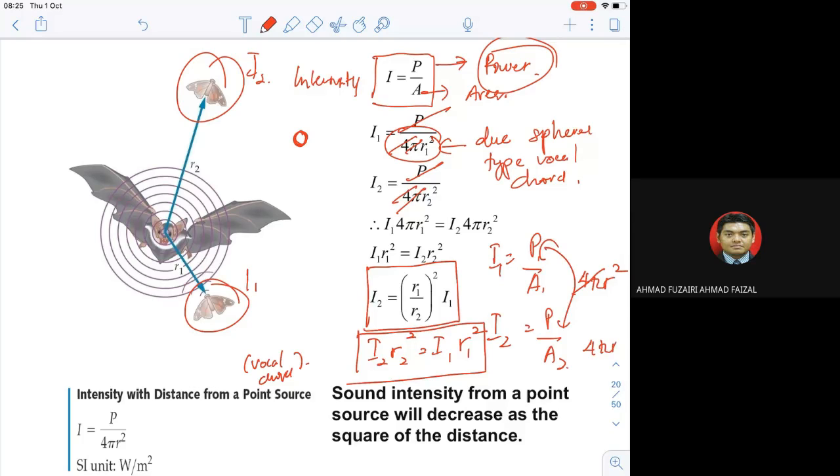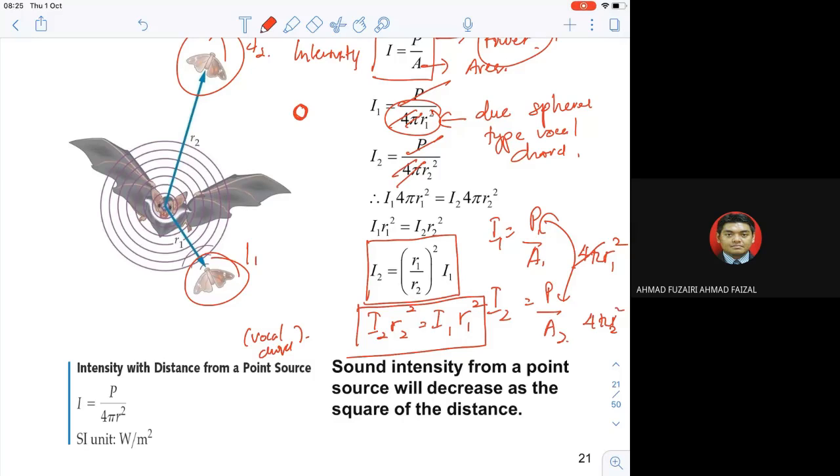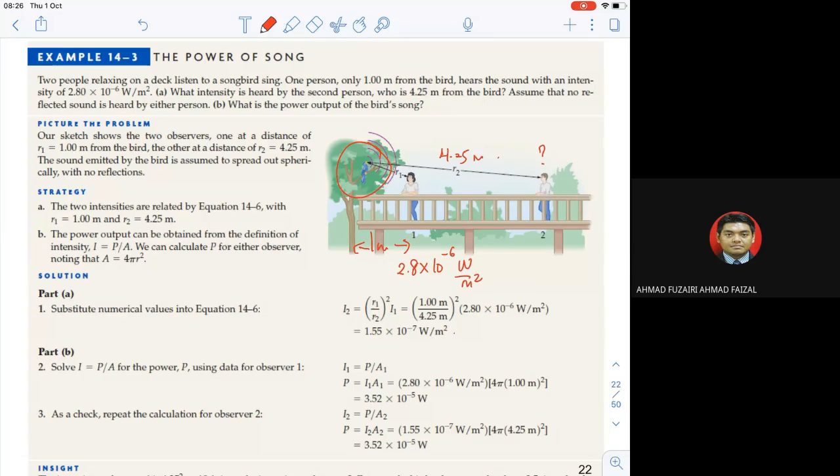Only I1 R1 squared equivalent to I2 R2 squared is left, and we can use this equation to find the second intensity. So you need to do it on your own. Please try it out. Get your calculators and try it together with me. Punch it in your calculator to get this value. If you can get this value, then it should be okay.